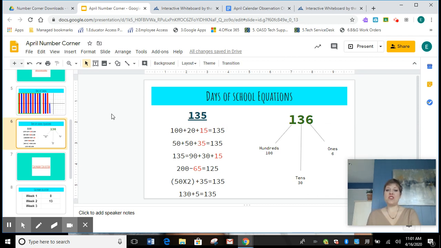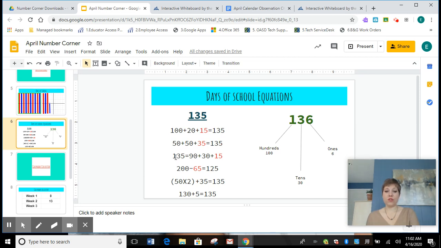Yesterday, I asked you to write some equations for the number 135. Now, these top 4 were the equations that I provided, and I saw lots of you trying that out, which was great to see. If we had 100 plus 20, we would need 15 more to get to 135. I know 50 plus 50 is a group of 100, so I need 35 more to get to 135.